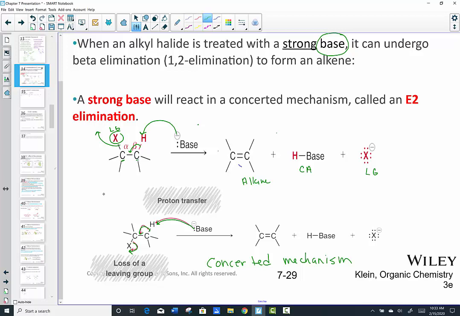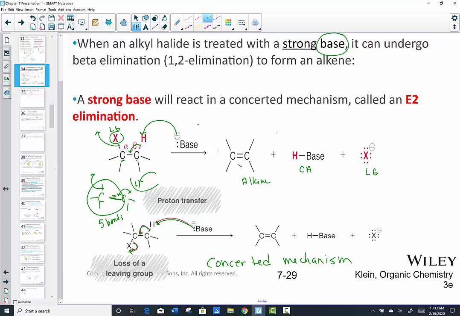Notice the base abstracts the proton, that bond collapses, forcing the leaving group to leave. Now think about that in terms of the stability of the carbon. If you redraw this, thinking about carbon always requiring 4 bonds, if I only abstract the proton and this bond collapses to become a double bond, this carbon would be too unstable because it has 5 bonds. That's a cardinal rule you cannot break.